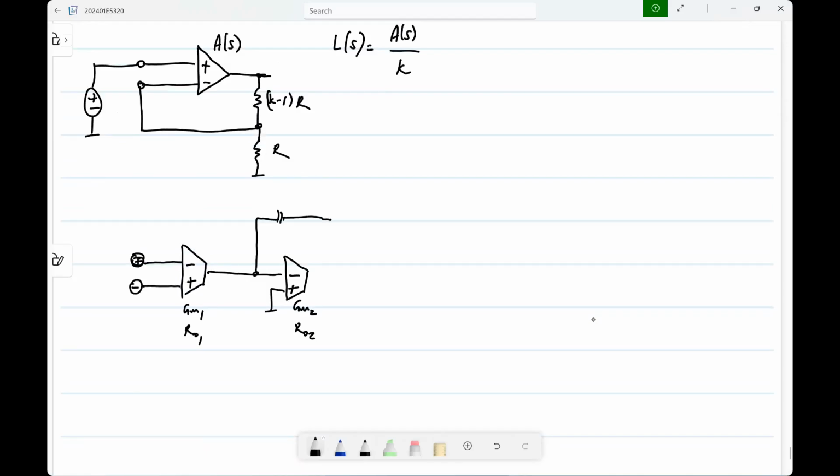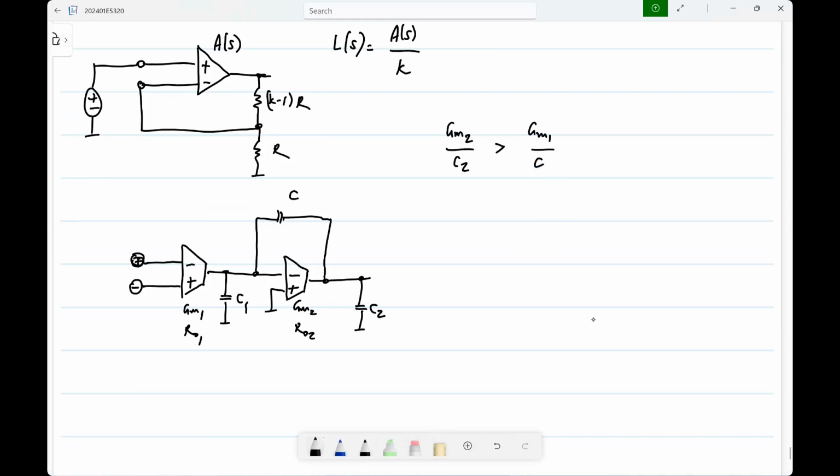So we have C and C1 and C2, which could include the load capacitor also. Now the zeroth order or first order calculations that we did say that the unity gain frequency of the inner op-amp, which is GM2 by C2, must be greater than the unity gain frequency that you are trying to realize, GM1 by C.